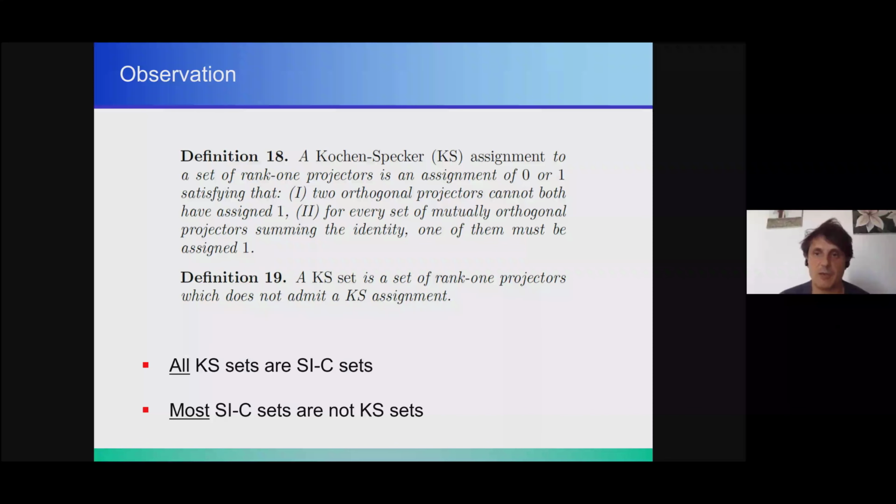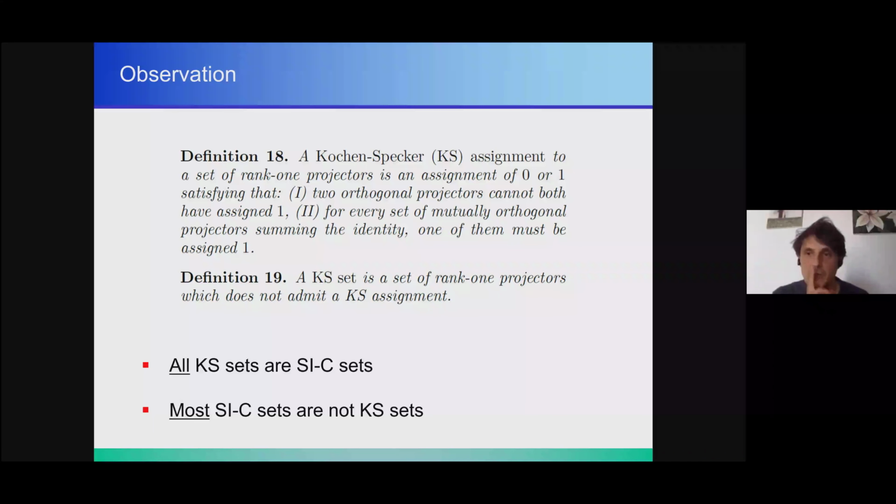A Kochen-Specker set is one in which such an assignment is not possible. The important take-away message is that, of course, all Kochen-Specker sets are state-independent contextuality sets, but most state-independent contextuality sets are not Kochen-Specker sets.